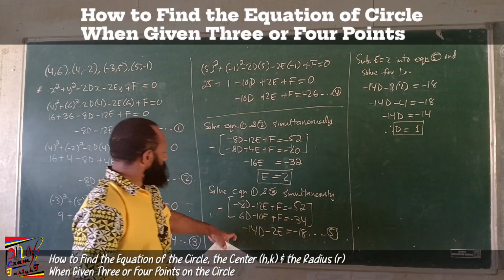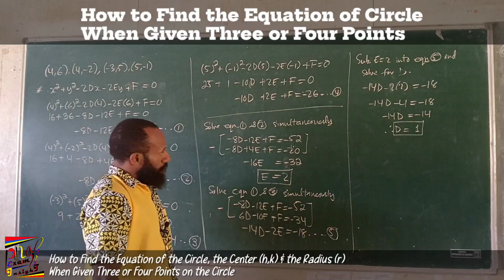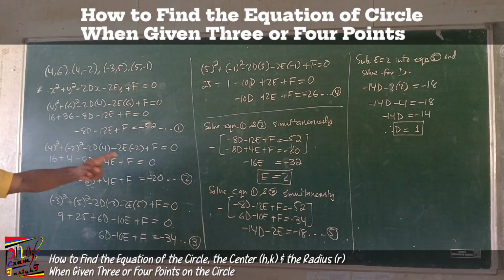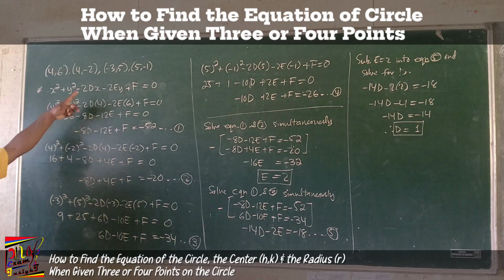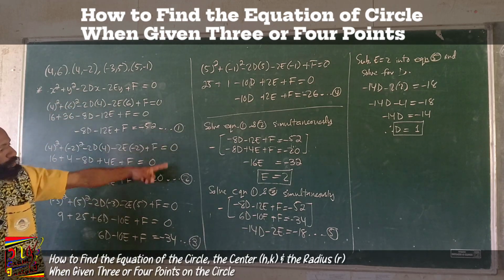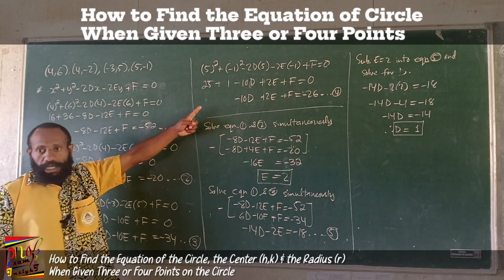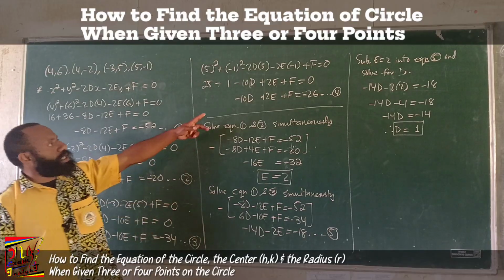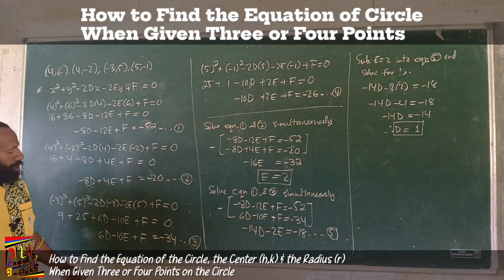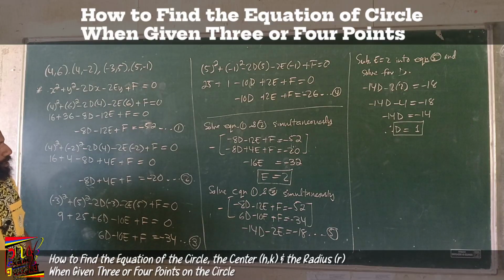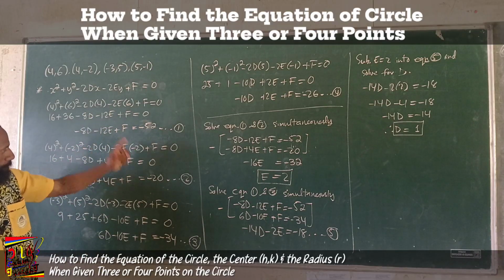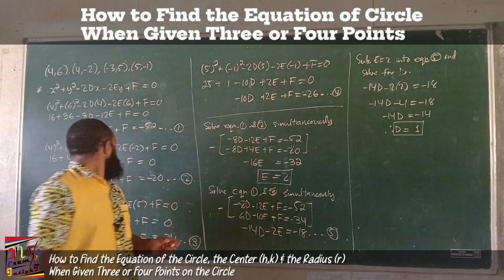And last but not the least is F. We have to find F. So using the E and D values, you have to substitute into one of the four equations. Equation 1, 2, 3 or 4. Is that clear? So you have to substitute into one of those four equations that contain all three unknowns to solve for F. So for that case, let's use equation 2.